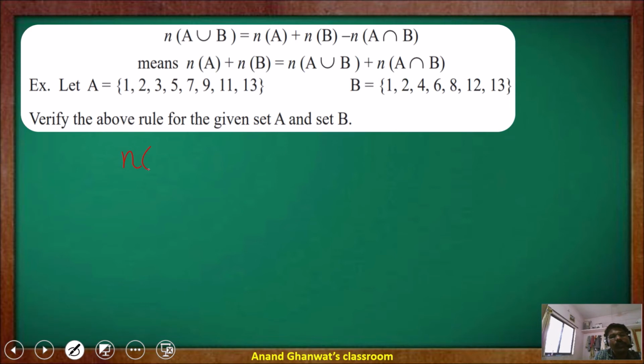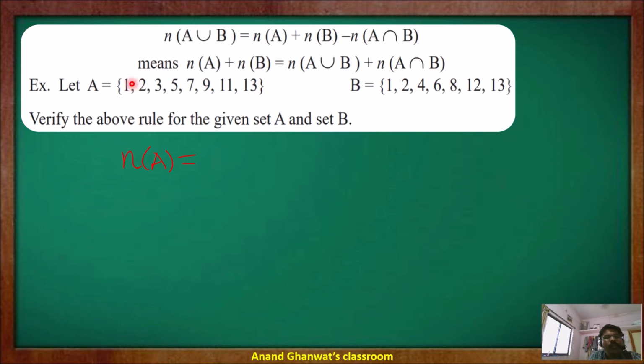First we have to find n of A. Count the number of elements present in A: 1, 2, 3, 4, 5, 6, 7, 8. So n of A is equal to 8. Now find n of B. Count the elements present in set B: 1, 2, 3, 4, 5, 6 and 7. So n of B is equal to 7.